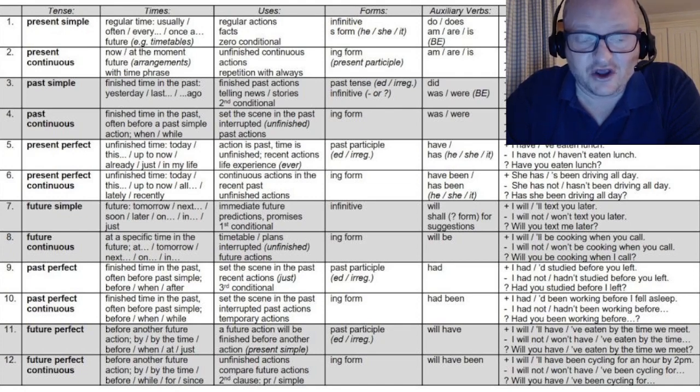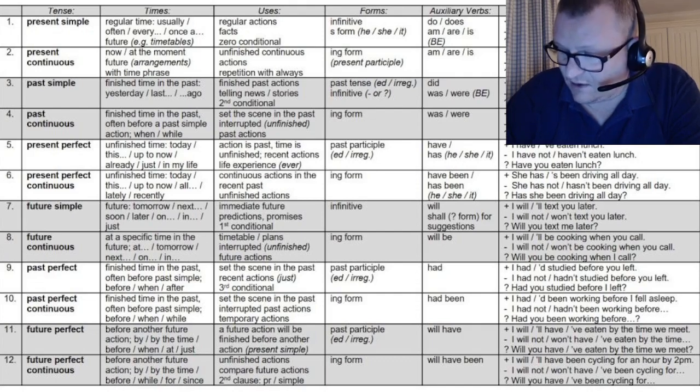It's the first thing we do when we start an English class. My name is Matt, present simple be. Yes, we are students. I live in Poland. I live, present simple. It's regular action, or fact, it's a fact.